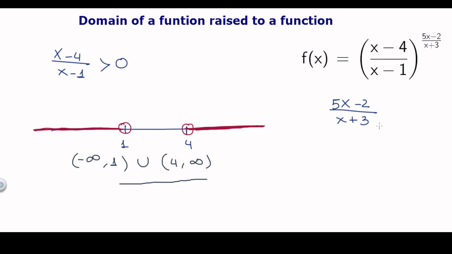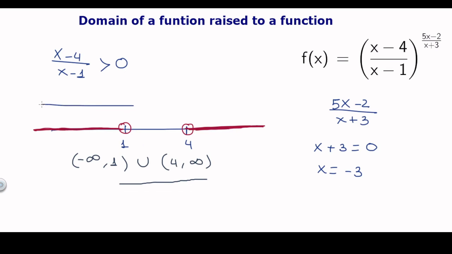In this case, the only problem that can arise is when the denominator becomes 0, because, as you know, division by 0 is undefined. So to find the domain of this expression, we need to find the x values for which the denominator is 0. Setting this to 0, we know that minus 3 has to be excluded from the domain.